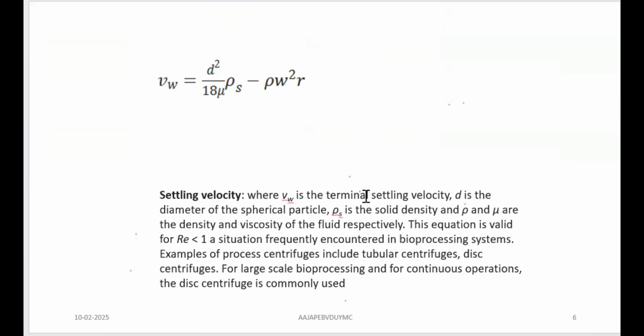One is terminal settling velocity. D is the diameter of the particle, assuming that the particle is spherical shape. Rho s is the density of the solid particle, right? And of course, density of the suspending media also is going to be very important. Here rho s is for particle and rho is for liquid in which the particle is.